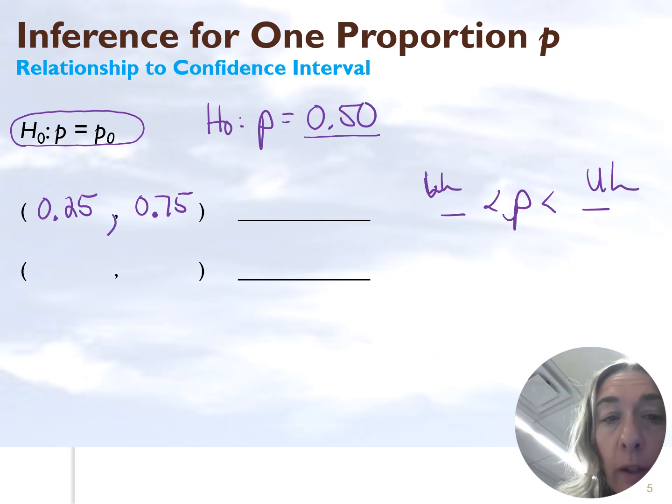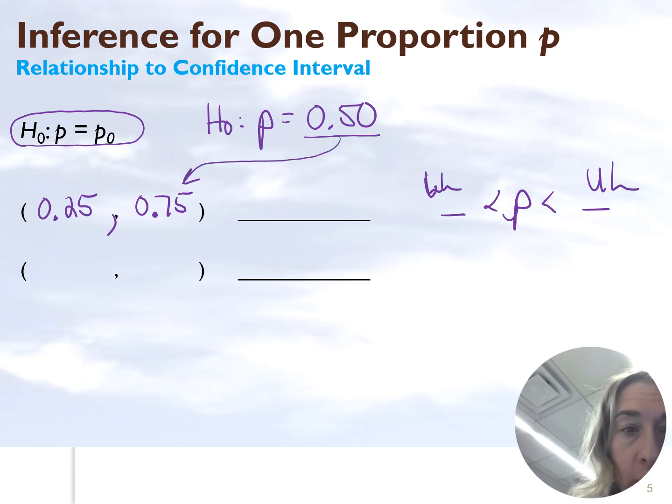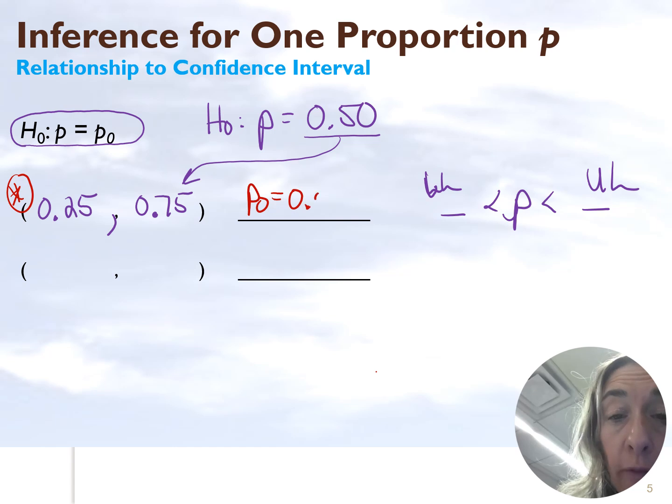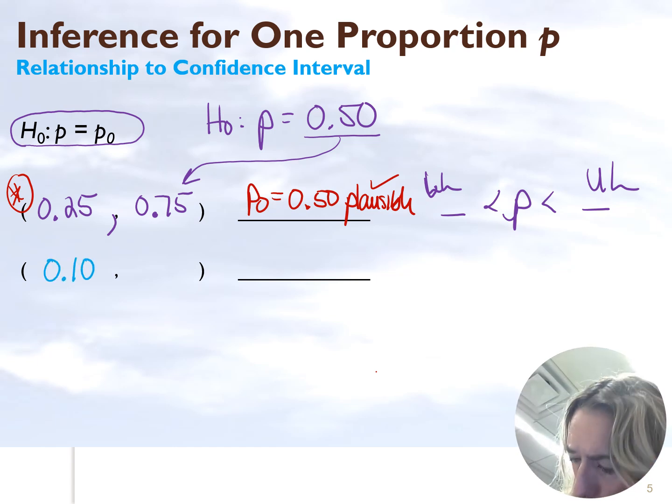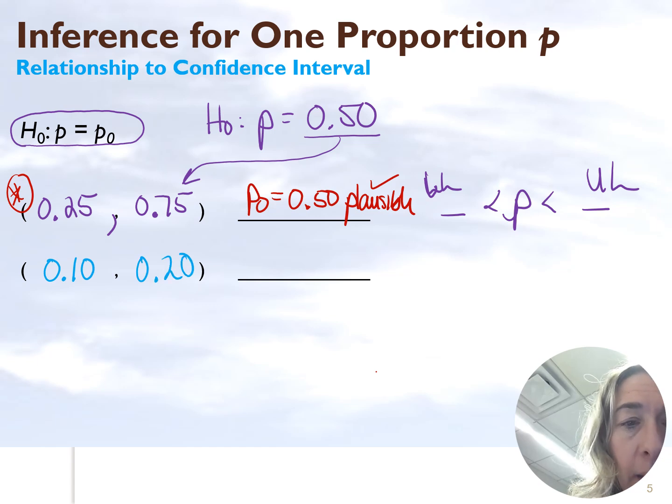So 0.5 is our hypothesized proportion. For the first example, 0.5 is contained in that interval. So p naught of 0.5 is a plausible value for p. So we would fail to reject the null for this case. But let's say I calculated a confidence interval of 0.1 to 0.2 for p.